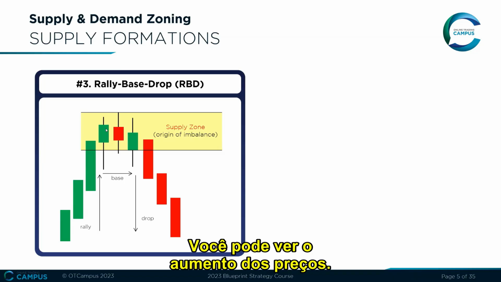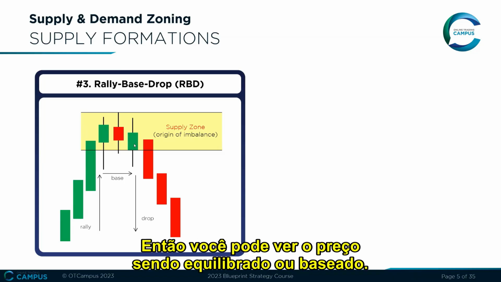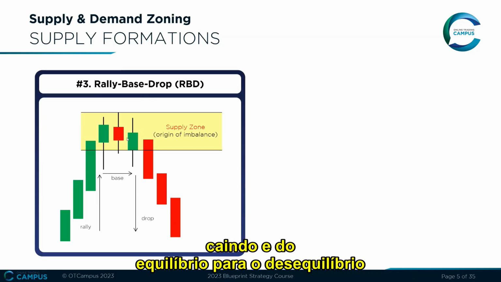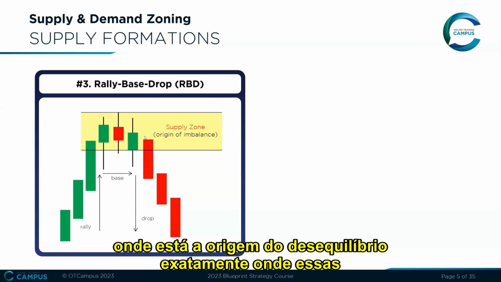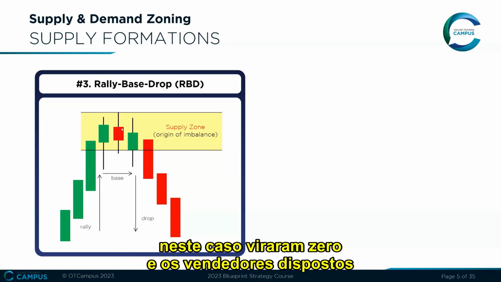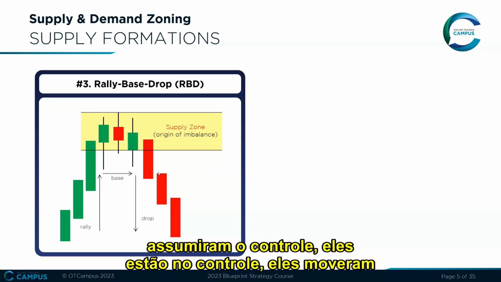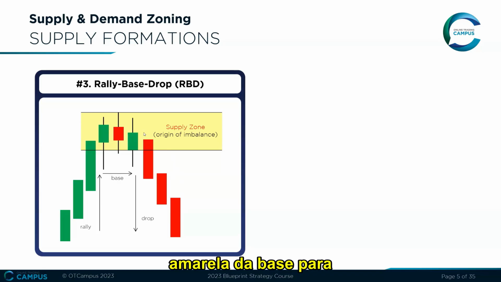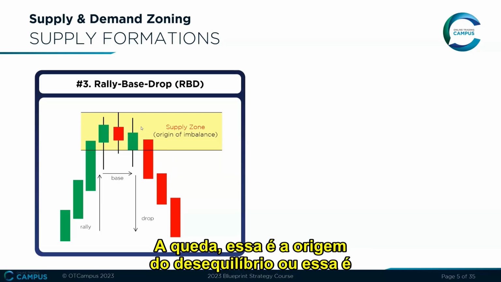You can see price rallying, then you can see price being balanced or basing, and from the balanced state, we see price turning lower, and from balance to imbalance, where's the origin of imbalance, right where those red candles start, and therefore that's where the willing buyers in this case turned zero and the willing sellers took over. They're in control. They moved price lower, and therefore where you see the yellow box from base to the drop, that is the origin of imbalance, or that's the supply zone.